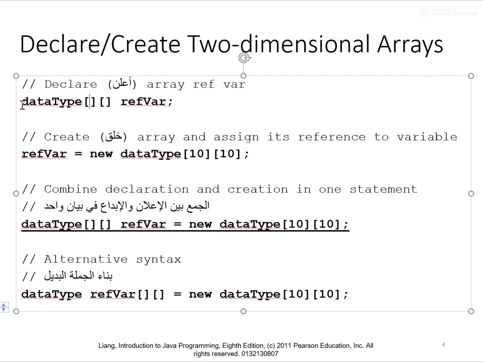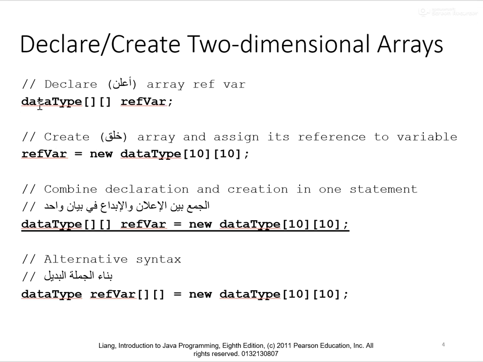And for a two-dimensional array, we put not just one, but two pairs of square brackets. After that, a space, and after that, the name that you want to give to your new two-dimensional array. So this is how you declare a reference variable, I guess.